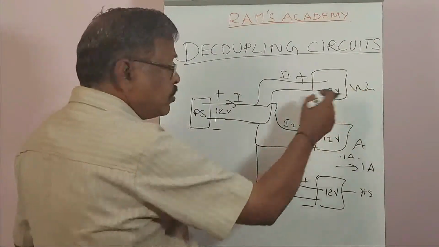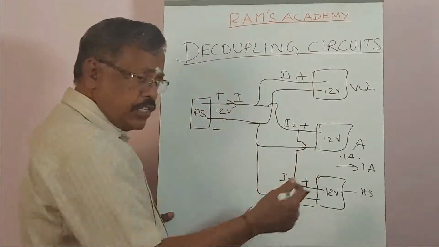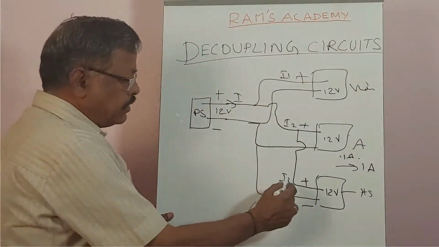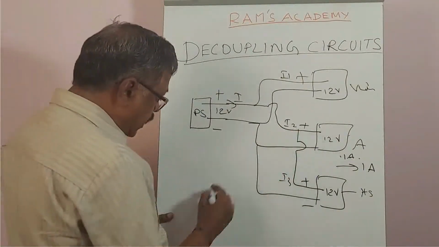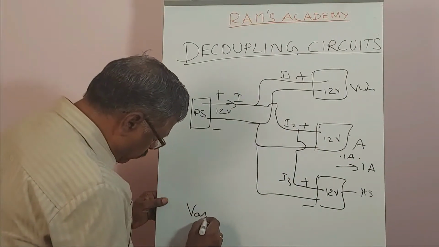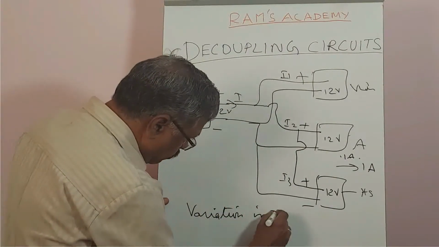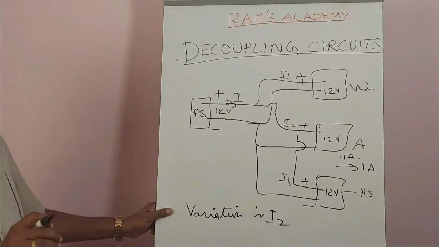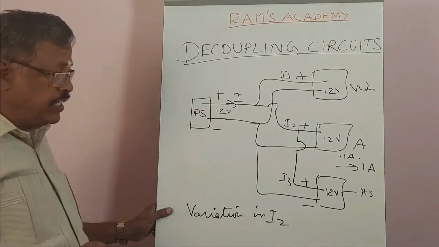This may be drawing current according to the signal level. I1 may be varying, I3 may also be varying, but the variation in I2 should not affect the voltage applied to the first stage.